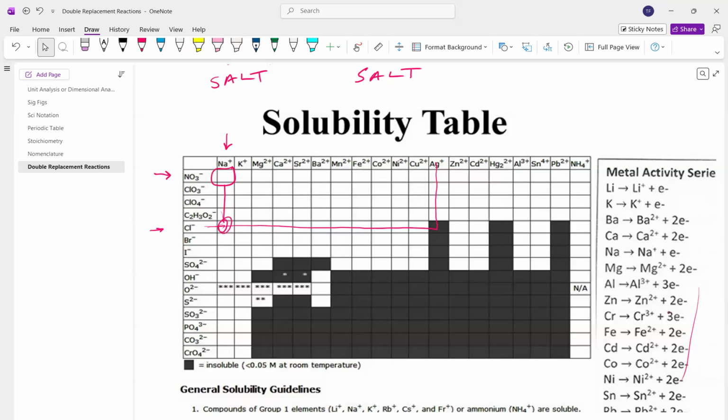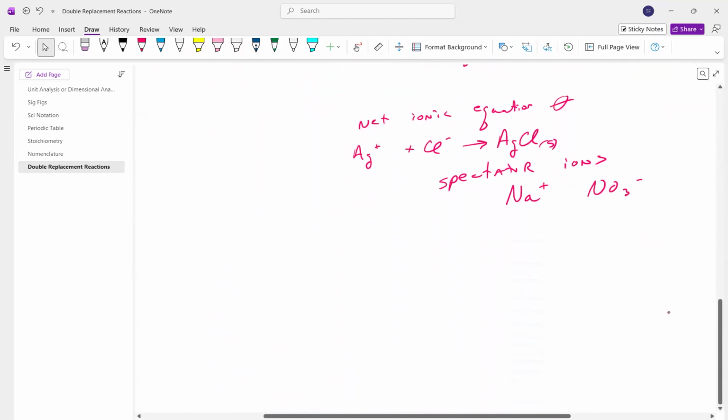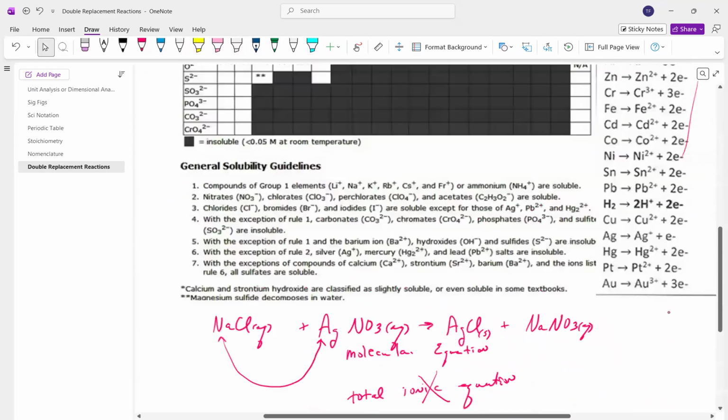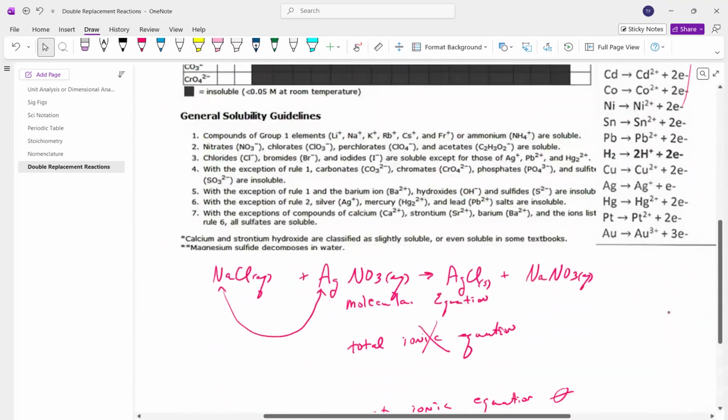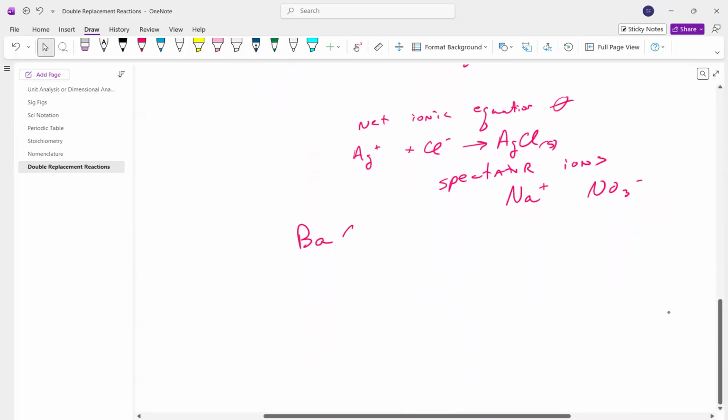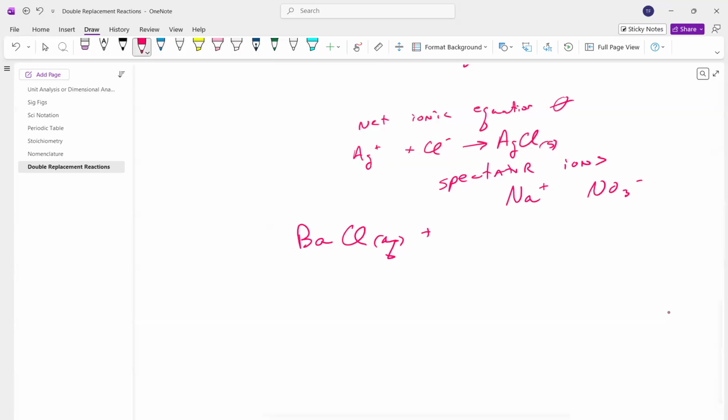Okay, so let's do another one. You can have a periodic table, that chart.